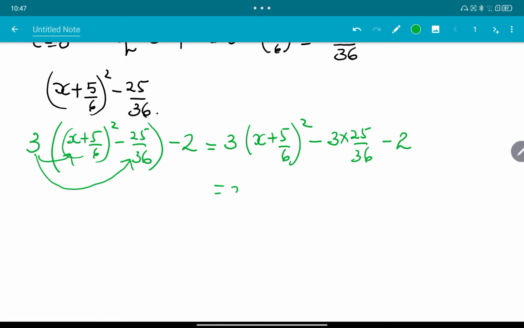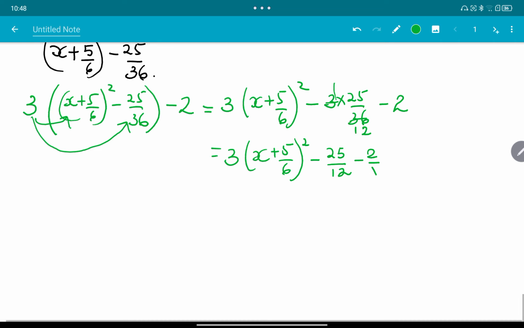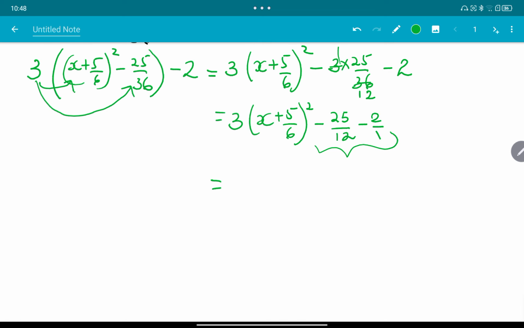So this is 3 into x plus 5 over 6 squared. When you multiply this, 3 will cancel here, right? 12. So I'll have minus 25 over 12 minus 2, basically over 1. Okay? Then, these being like terms, you work it out. So 3 into x plus 5 over 6 squared minus 25 over 12 minus 2.